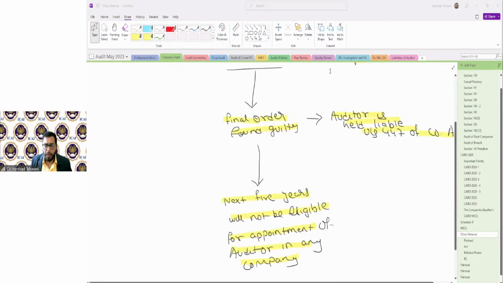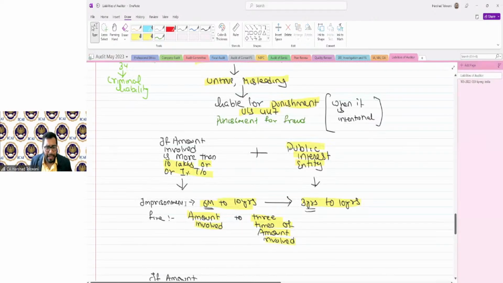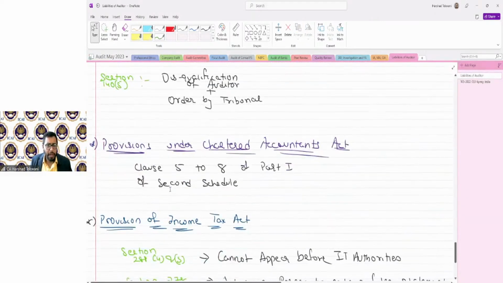Now, the next liability I want to cover here is provision under the Chartered Accountants Act. We have already seen clause 5 to clause 8 of the second schedule. What is clause 5 of Part 1 of the second schedule?